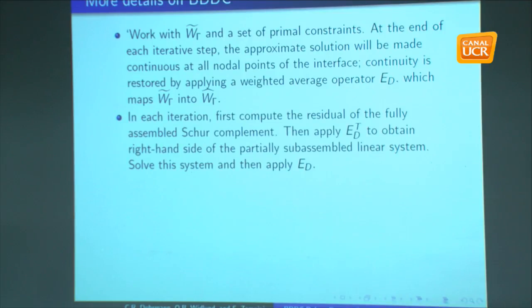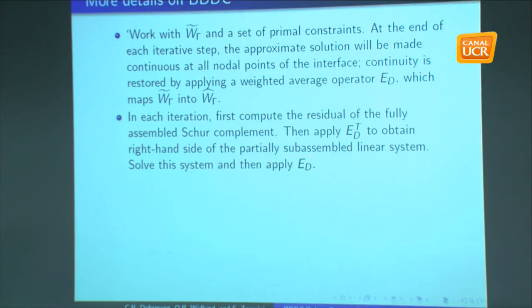So here's a description of BDDC. First you compute the residual for the fully assembled Schur complement, which you can do subdomain by subdomain and then merge these. And then you apply the transpose of the average operator, and that gives you a right-hand side for the partially subassembled linear system.